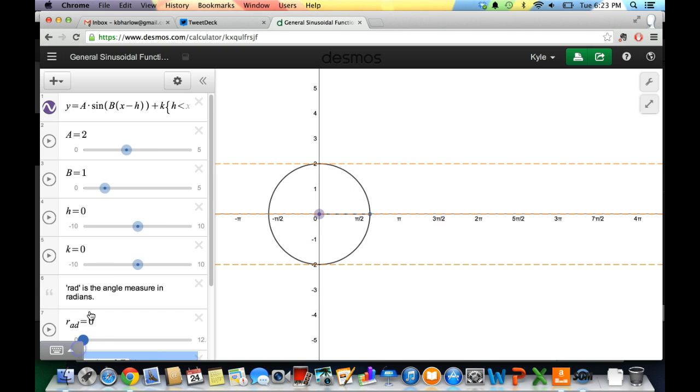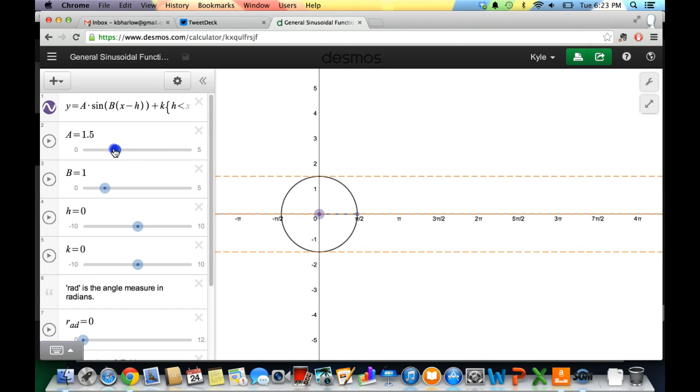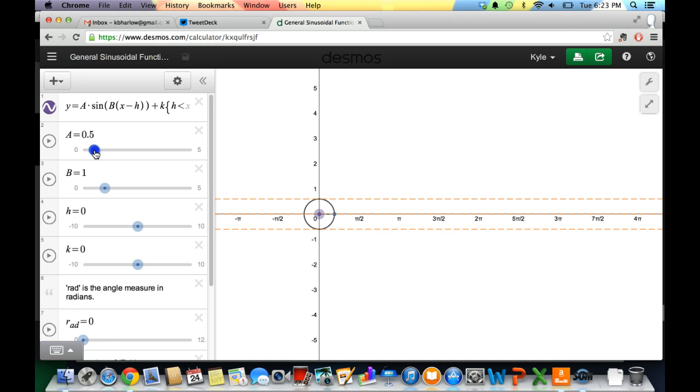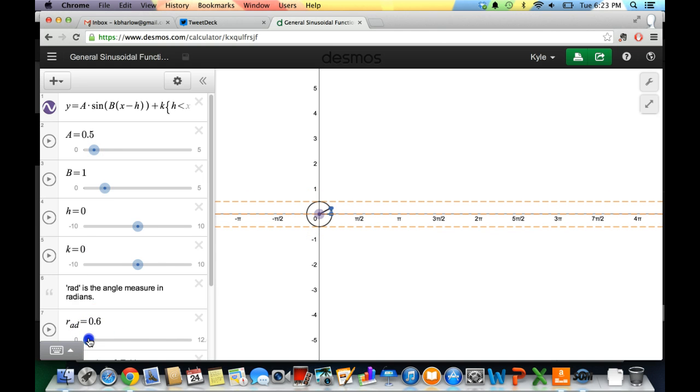That's a neat thing, and then we can make that a whole lot smaller. Now we've got a really tight looking sine function whose amplitude is 1/2, very small. So let's move that back up to 1.